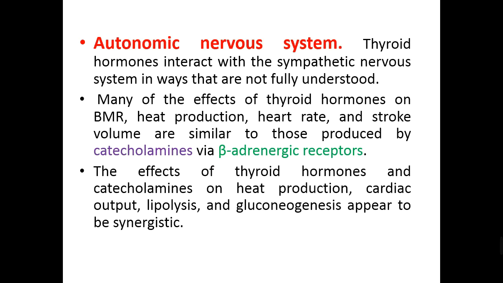On the autonomic nervous system, thyroid hormone interacts with the sympathetic nervous system in ways that are not fully understood. Many of the effects of thyroid hormone on the basal metabolic rate, heat production, heart rate, stroke volume are similar to those produced by catecholamine via the beta-adrenergic receptors. The effects of thyroid hormones and catecholamines on the heat production, cardiac output, lipolysis, and gluconeogenesis appear to be synergistic.